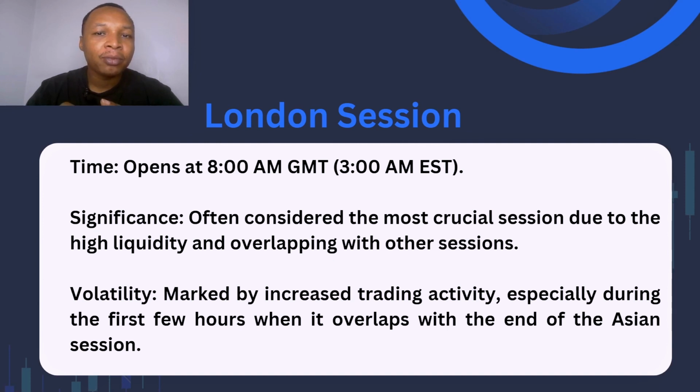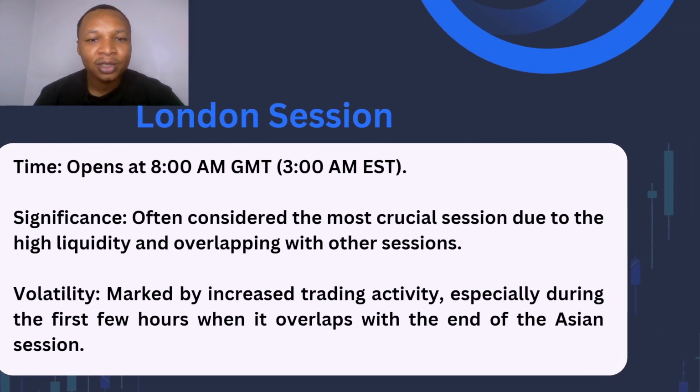So if there is a British economic data release, we tend to see high volatility on any and every British paired currency like the GBP USD, the GBP AUD, the Euro GBP. We tend to see high volatility in any currency pair that has GBP. Similarly, if there is any economic data release in European countries that use the euro, like France, Germany and the likes, we tend to see high volatility in any currency pair that has the euro. I hope this is clear.